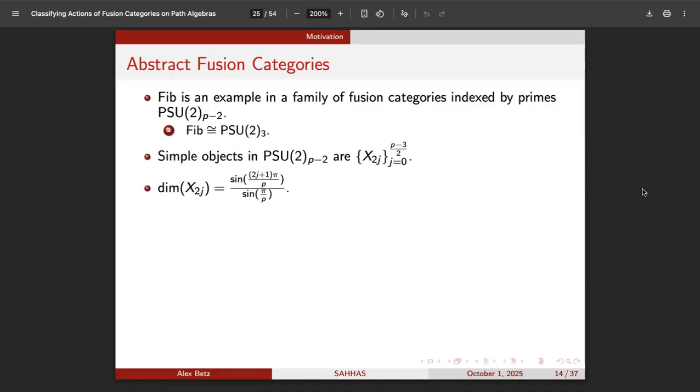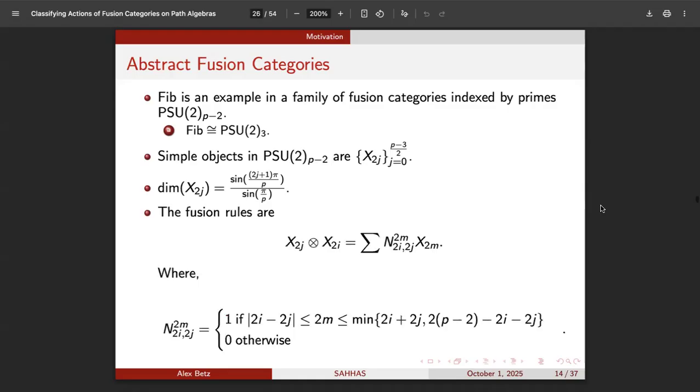These fusion categories have simple objects dx2j, and their dimensions are ratios of sine functions. Notice that this is only an integer when j is equal to 0, because in that case x0 is the unit and the dimension is 1. And they satisfy these complicated fusion rules that show how you multiply them.